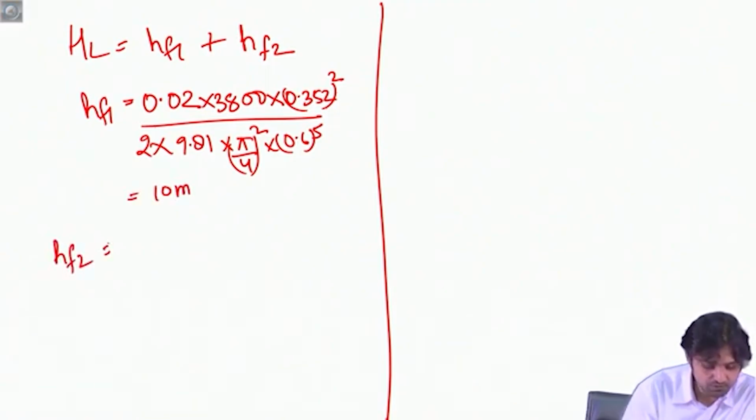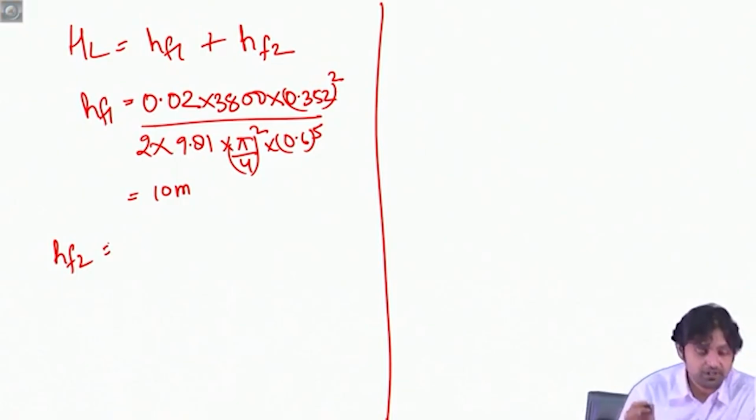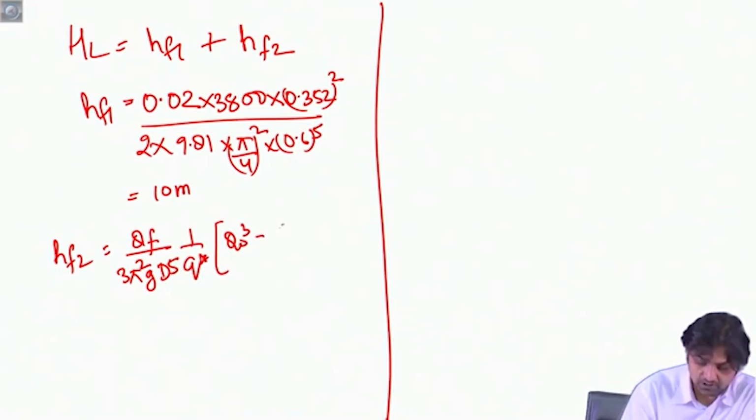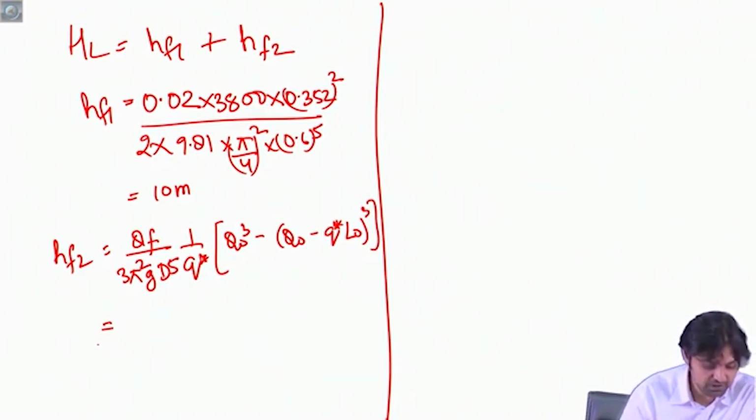What is HF2? It is the last 1200 meters where we have derived that equation, which was 8f over 3 pi square g d to the power 5 into 1 by Q star into [Q naught cube minus (Q naught minus Q star L naught) whole cube]. And if you solve this with the appropriate values of f is 0.02 and other things, you will get HF2 as 1.053 meter.